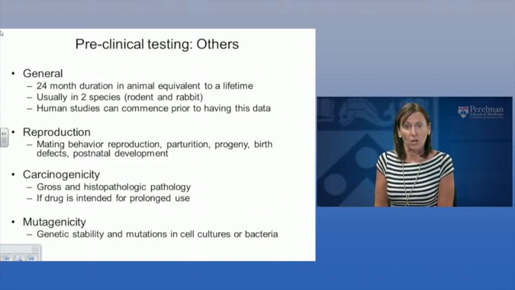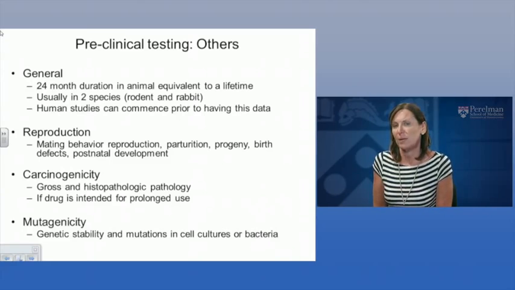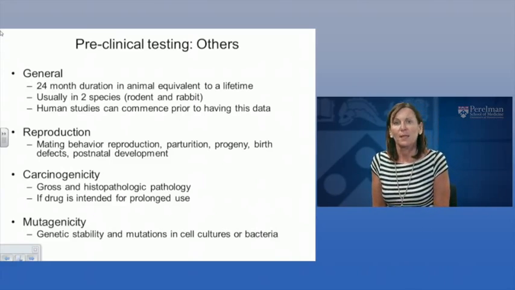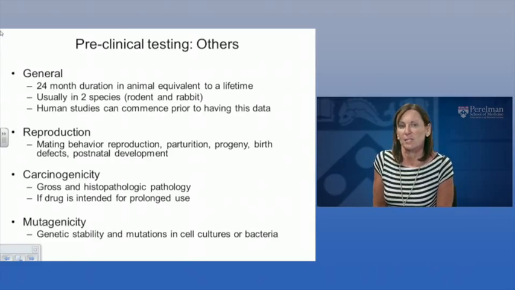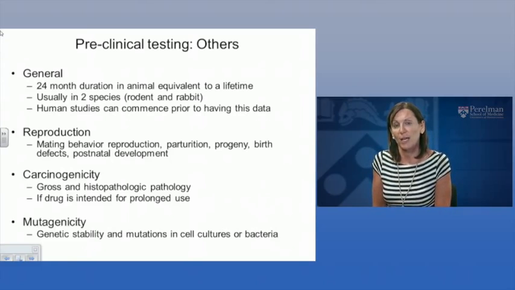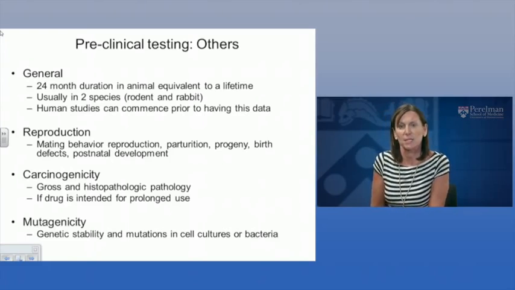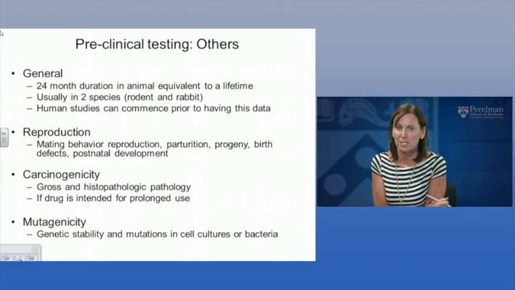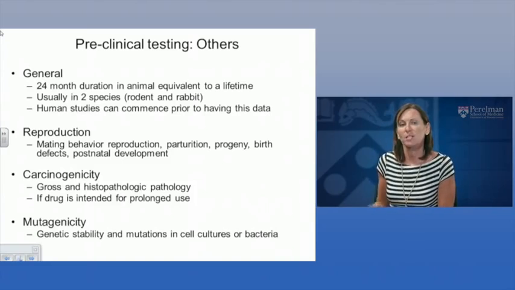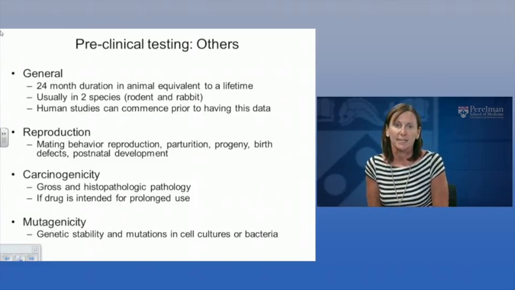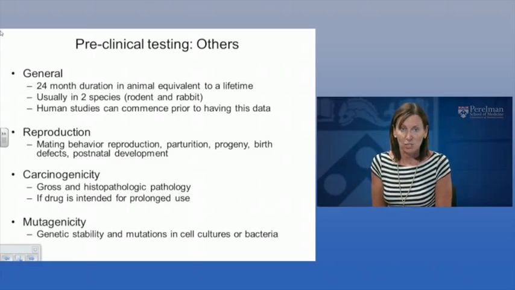In other words, are the offspring adversely affected by exposure in the mother or in the father? Birth defects. Are there any significant birth defects as a result of being exposed to the drug, and is postnatal development of the progeny adversely affected? So these are all manifestations of teratogenicity, which are more relevant to humans the higher up the animal model that you decide to evaluate.